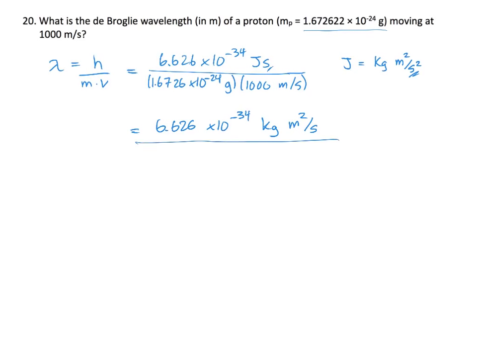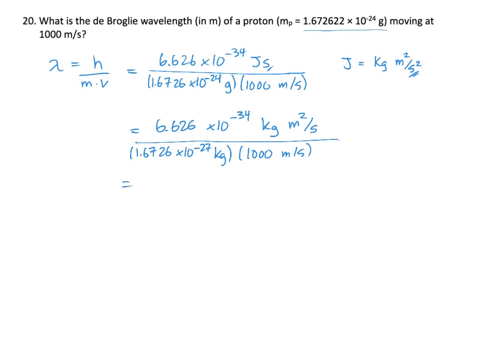Then on the bottom we have this mass now of the proton that's in grams, but that's the wrong unit. We want it in kilograms to match the unit on the top. So this becomes 1.6726 times 10 to the minus 27 kilograms. So now those units will be able to cancel. 1,000 meters per second is fine. That still matches the units up top.